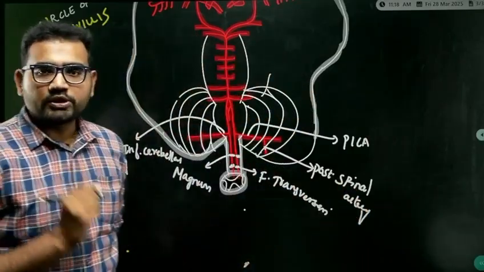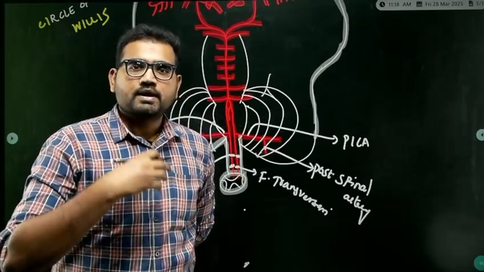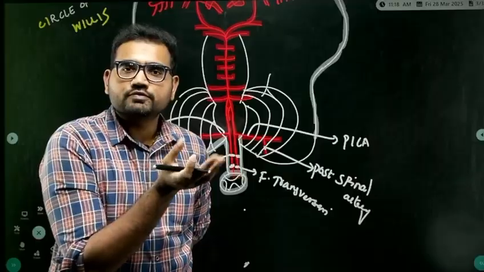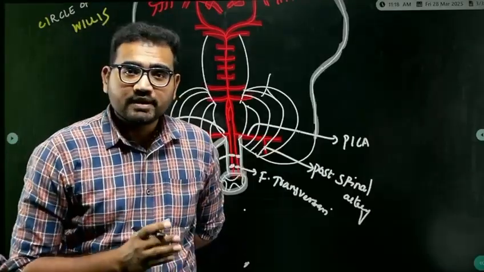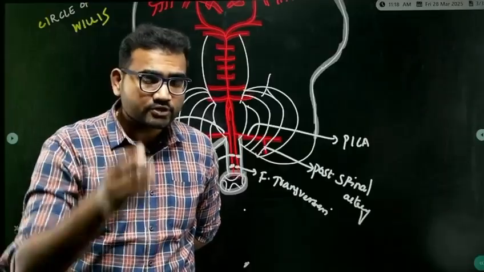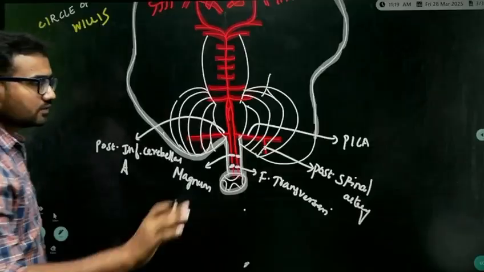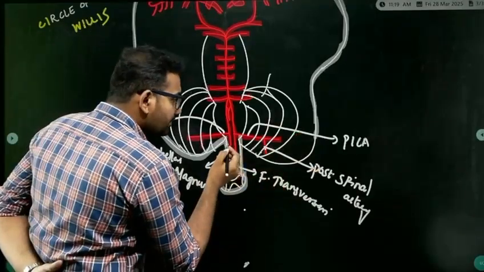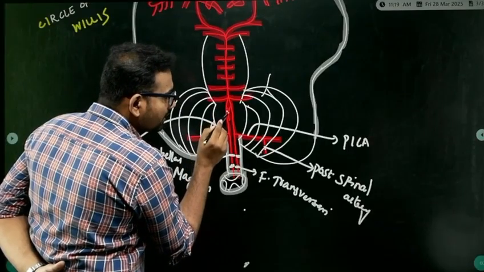So the vertebral artery moves up via the foramen magnum. As it moves up, it gives off the first branch, which is the posterior inferior cerebellar artery, and the posterior inferior cerebellar artery gives off the posterior spinal artery. Now again it moves up, and at this point it fuses and moves down.